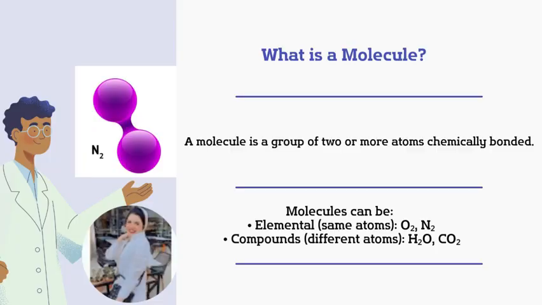In this slide is the answer to the question: how do atoms exist? Atoms cannot exist independently; they aggregate together or join together to form a molecule. What is a molecule? It is a group of two or more atoms chemically bonded. Okay, chemically bonded is like joined together.